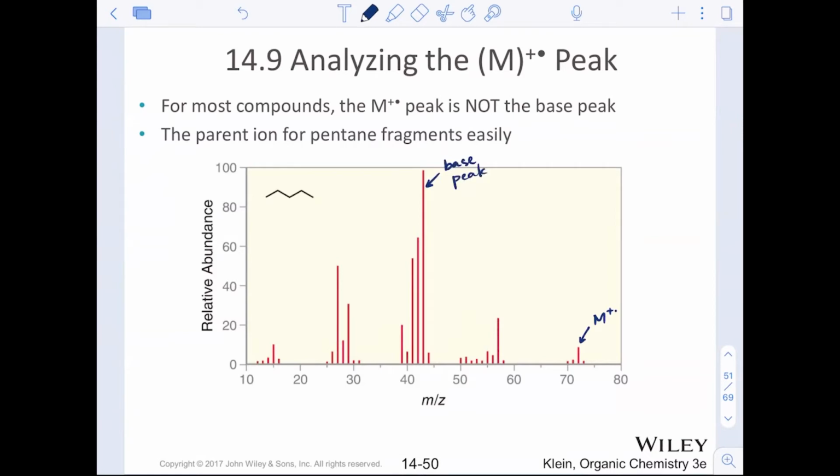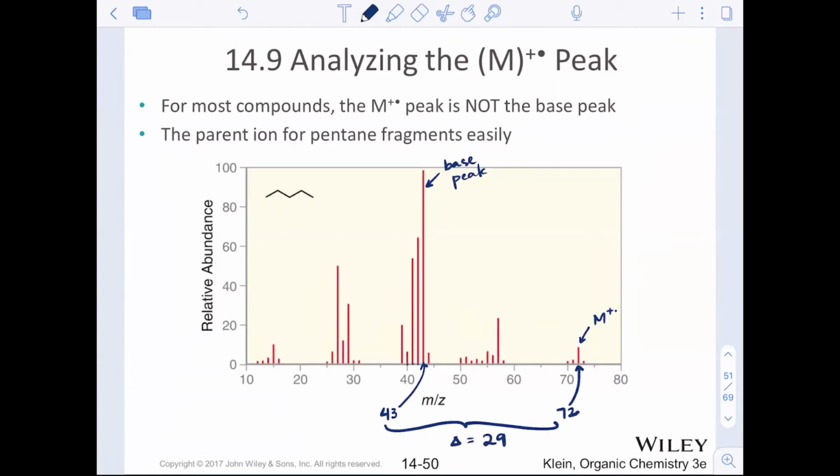What that base peak is really good to look at is because that structure or that fragment should be stable as a carbocation. And so when we're looking at this, if we would count 40, 41, 42, 43, right? The parent is 72. The highest base peak is 43. So if we subtracted those, we're getting a difference of 29, change of 29.